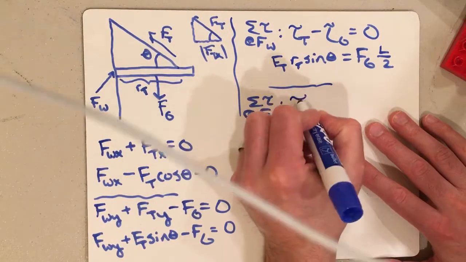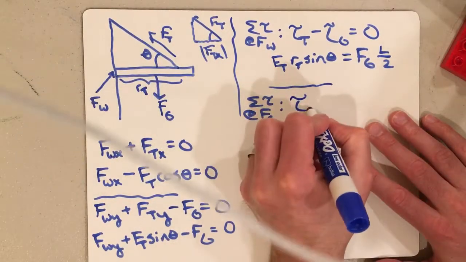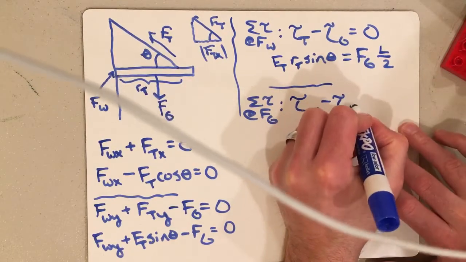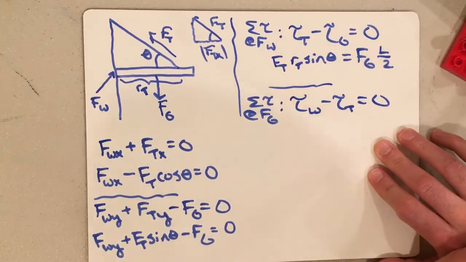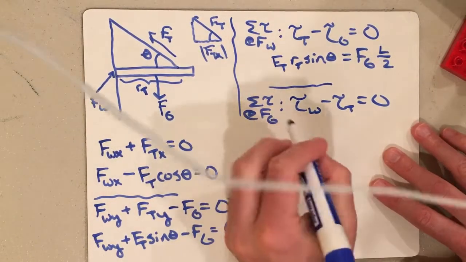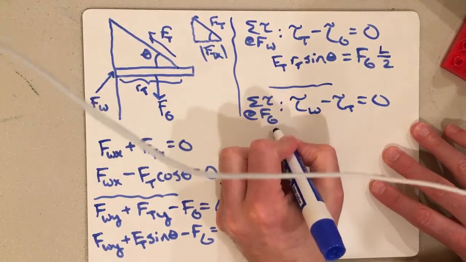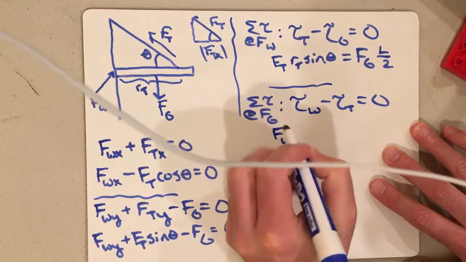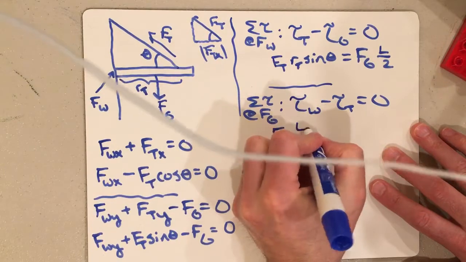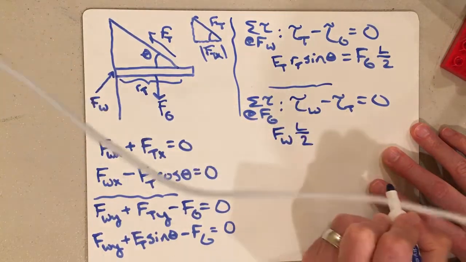So I've got the torque due to the wall force minus the torque due to tension, has to equal 0. So the wall force, that's going to be F_w. Now it's acting L over 2 away from the rotational axis.